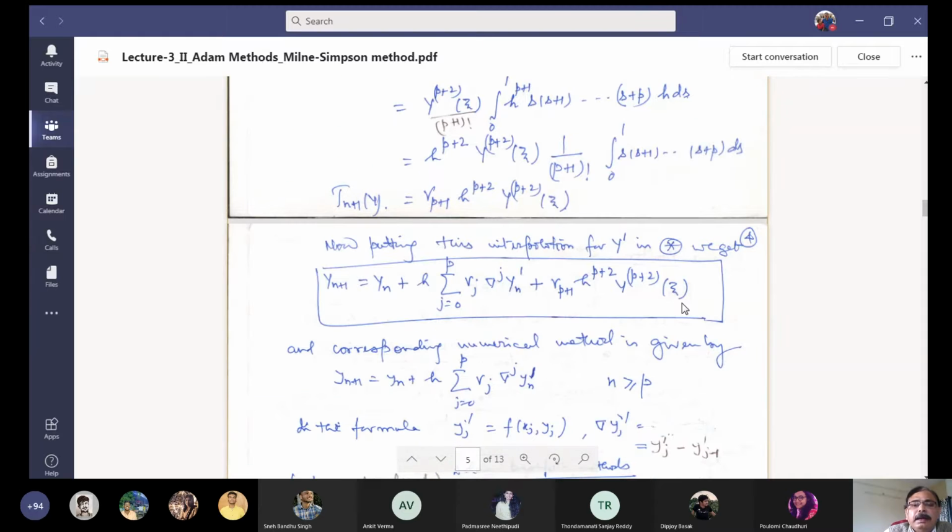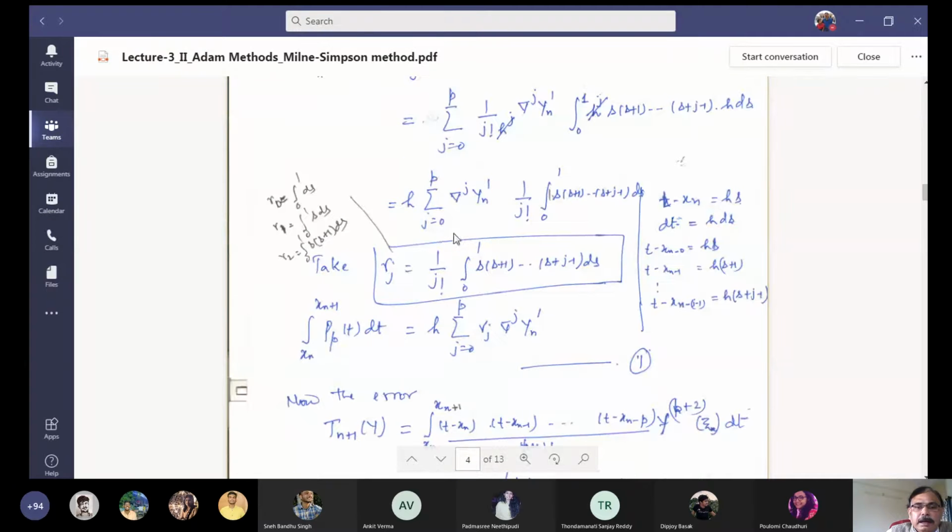So just by writing all those things, you will see that inside the integral it is 1 by (p+1) factorial, the integral from 0 to 1 of s plus 1 to s plus p ds, and we can write that as gamma_{p+1}. If you see the definition here, gamma_j is 1 by j factorial, and this goes up to s minus j minus 1.